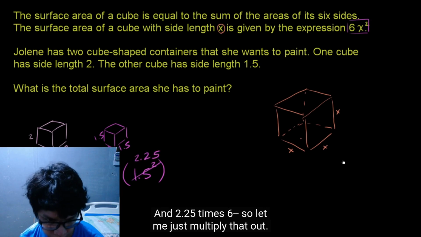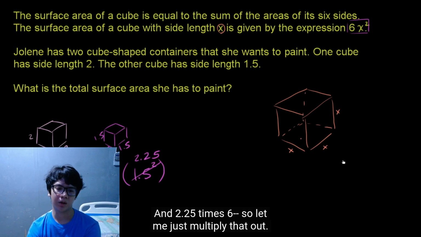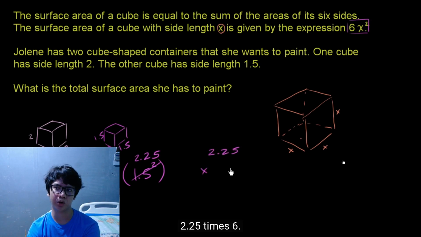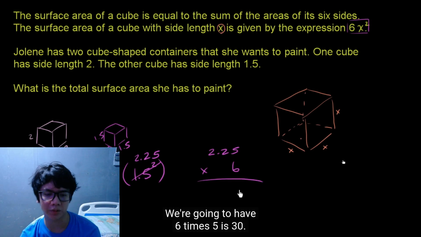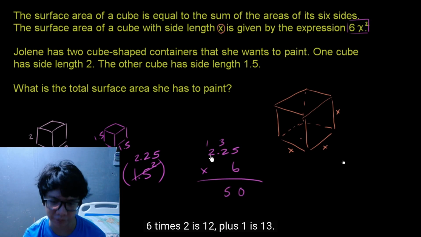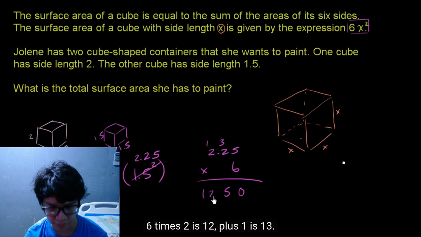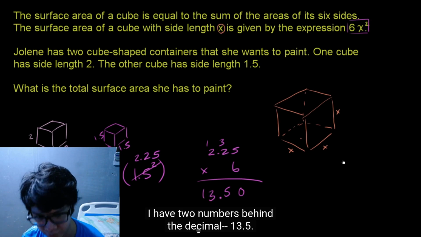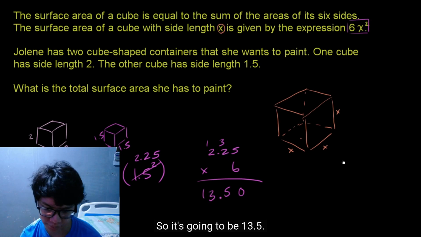And 2.25 times 6. So let me just multiply that out. 6 times 5 is 30, 6 times 2 is 12, plus 3 is 15. I have 2 numbers behind the decimal, so it's going to be 13.5.